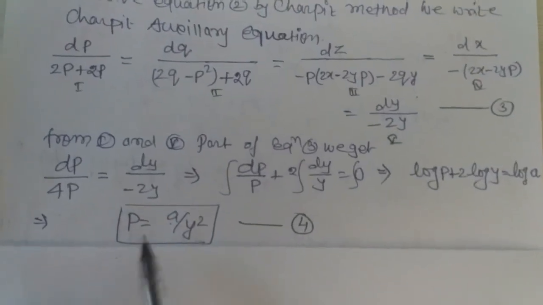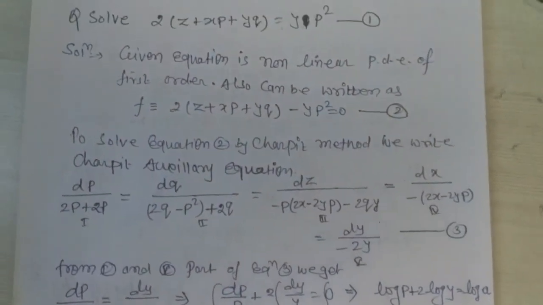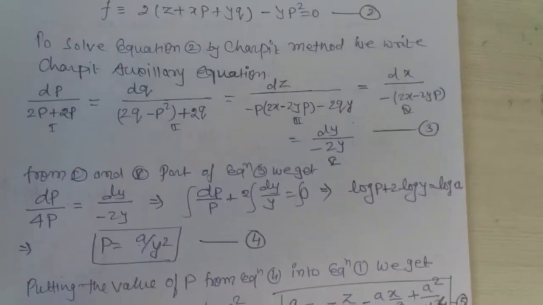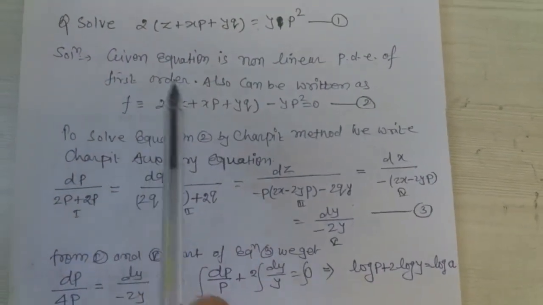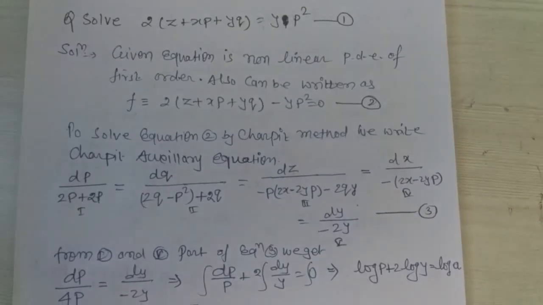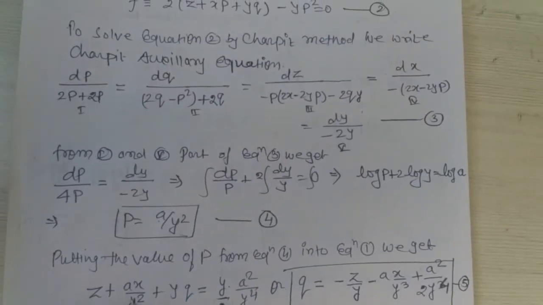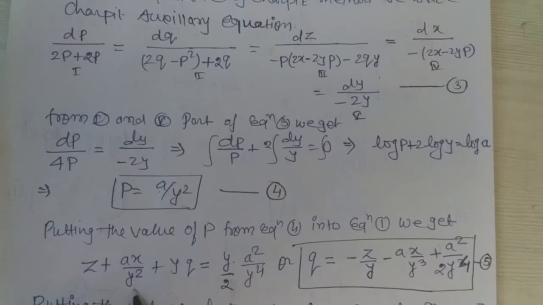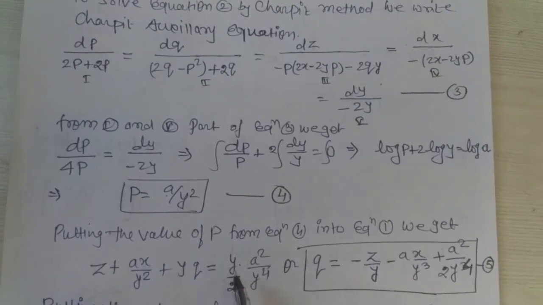Now putting this value of p in equation first, that is the given equation, we transfer 2 to the right hand side and then putting the values we get z plus xp, where x and p is a by y square, plus yq equal to 1 by 2 yp square.